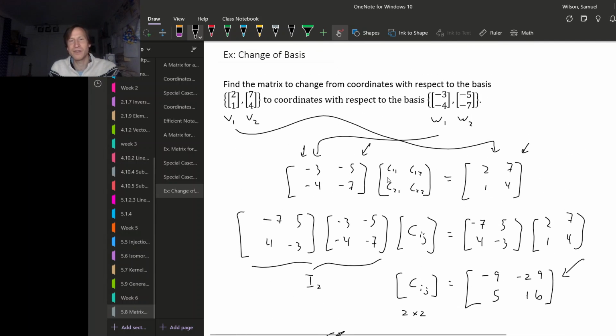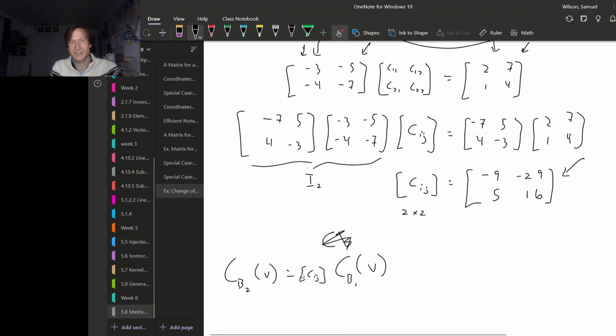Since we have found the matrix that takes us from coordinates relative to our first basis to coordinates relative to our second basis.